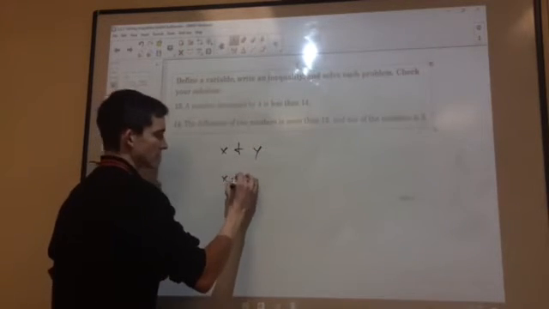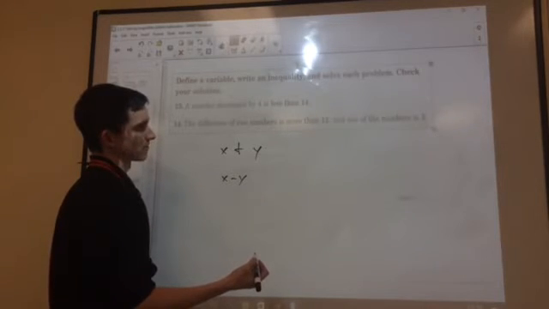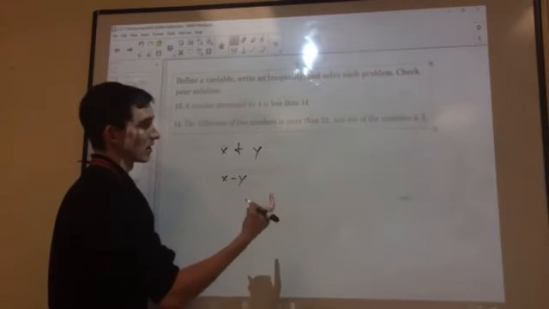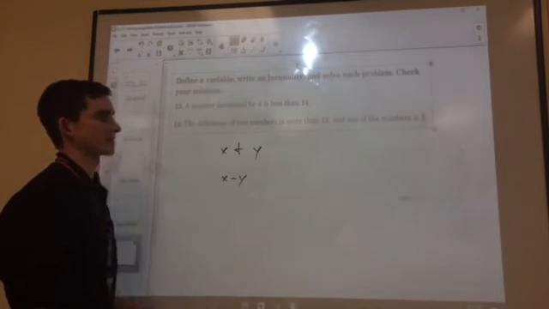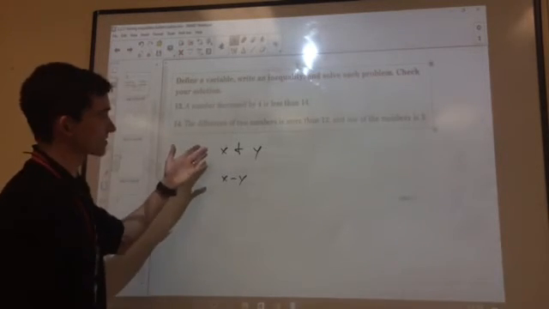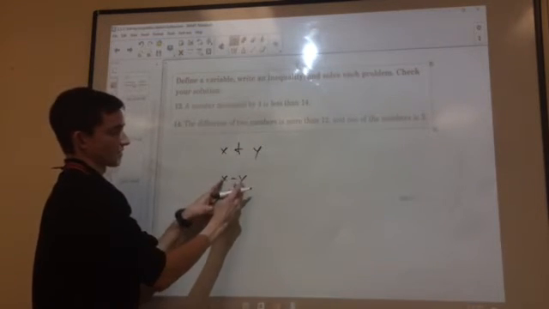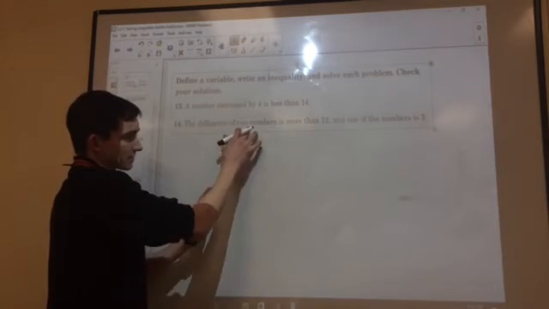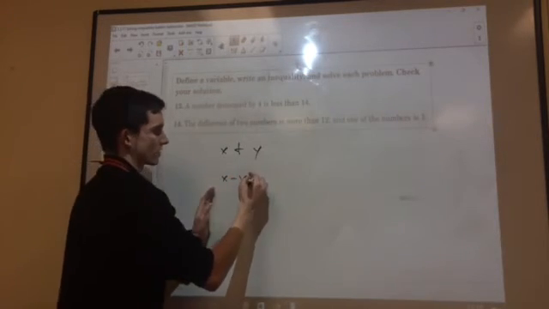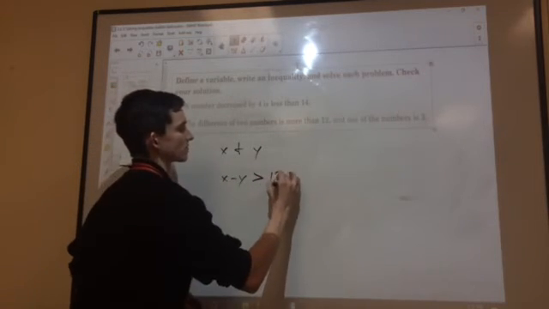So x minus y is more than 12, and one of the numbers is 3. That's so much different than anything we're doing. I guess I'll finish it because I've already started it. The difference of two numbers, so x minus y, two numbers subtracted from each other, is more than, so it's going to be greater than 12.